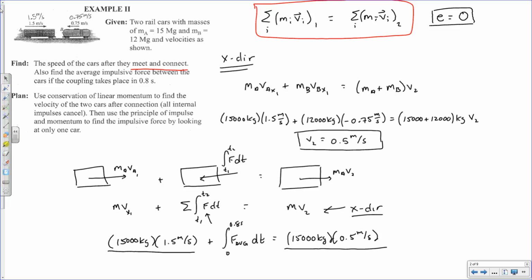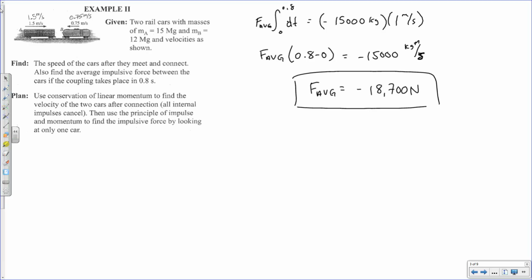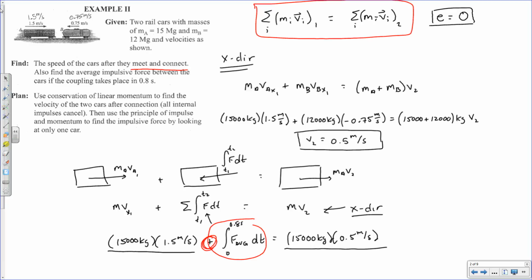Okay? And the way I set up this equation is I actually added my force. I included this plus sign here. So by including that plus sign, I inherently assumed the force was pointing in the opposite direction from how I drew it on my diagram. And so when I found out that my average force was a negative quantity, well, that agrees with how I had drawn my diagram because I had pointed it in the negative direction.